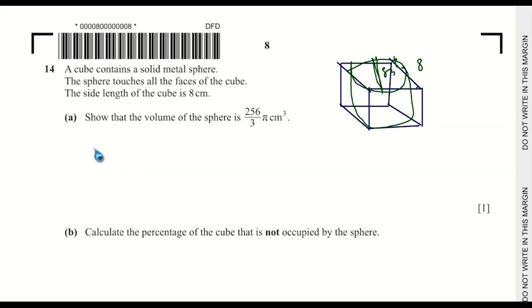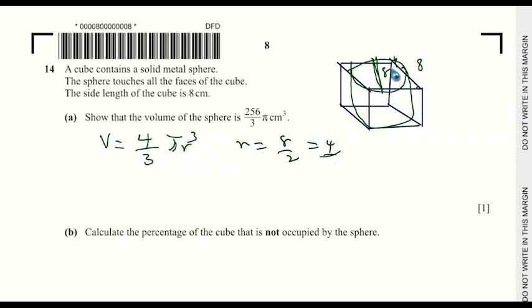So now I can use the formula for the volume. You should know this, or you can check the list of formulas given on the second page. So V equals 4 over 3 pi r cube. This is the formula for the volume of a sphere. And I already know that r equals 8 over 2, which is 4.